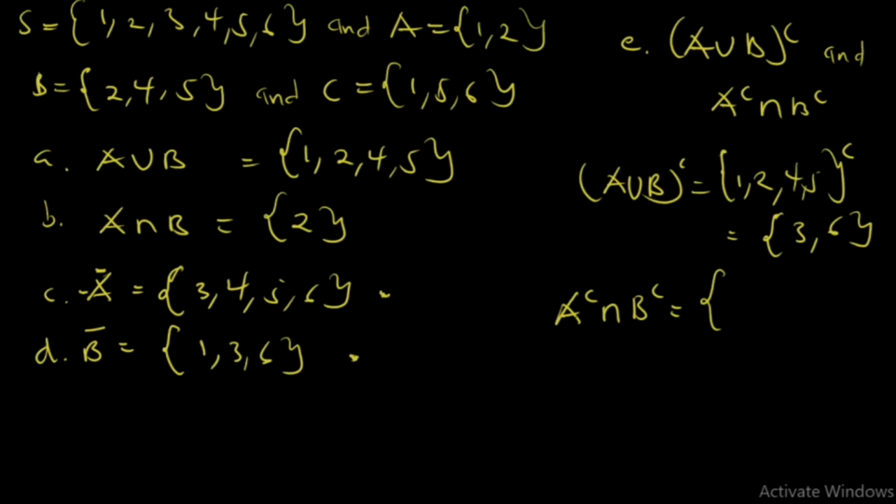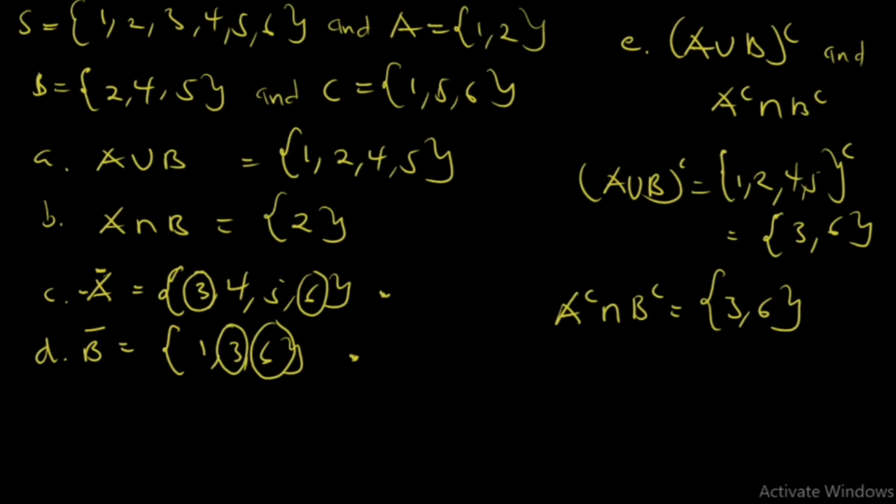So the answer will be 3, 6. Very simple as that, because we have this here and this one here, so our A complement intersection B complement is the same.